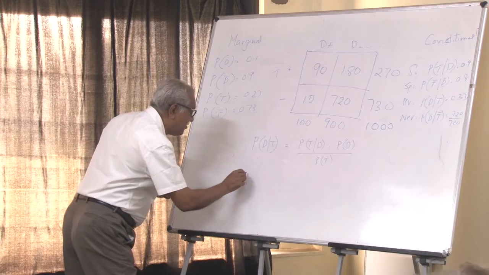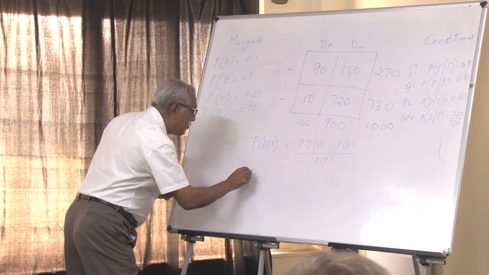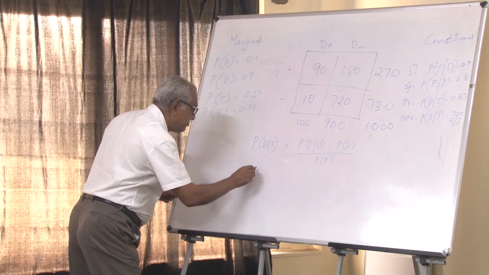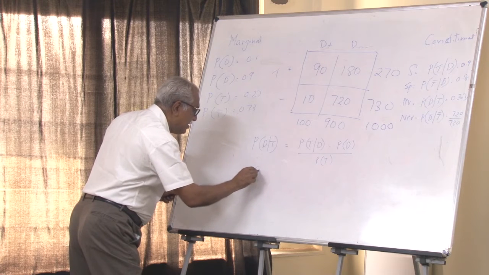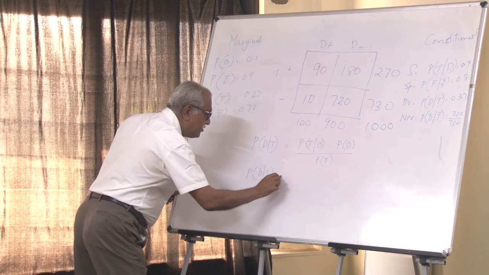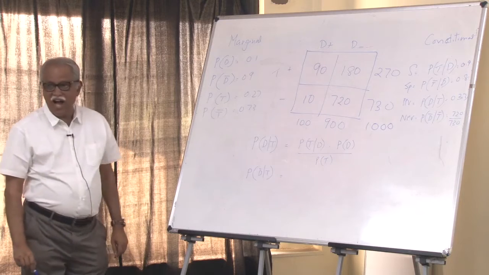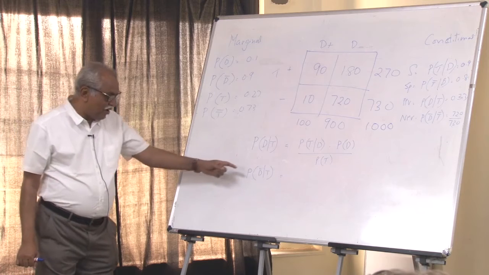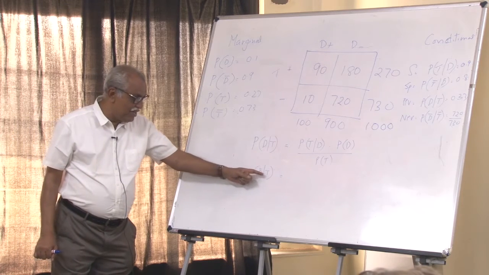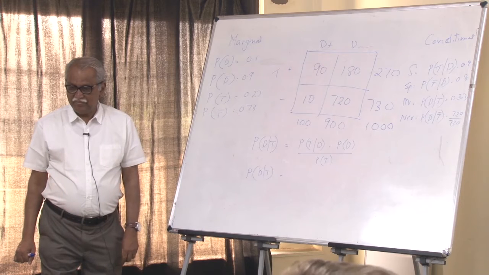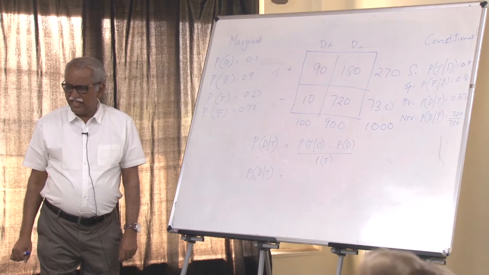So I'll write down probability of no disease given test is equal to, I'm starting the equation. Probability of no disease given test. What the heck is that?